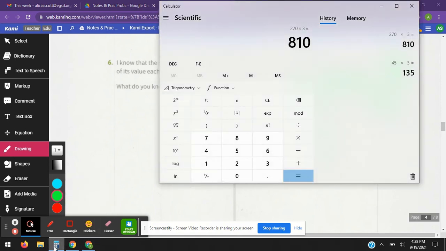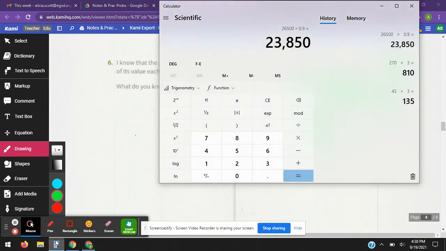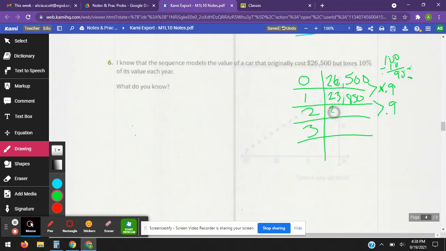So 26,500 times 0.9, 23,850. So this is a 23,850. The second year, let's just go 3 years on here. Let's times our last one by 0.9. 21,465.